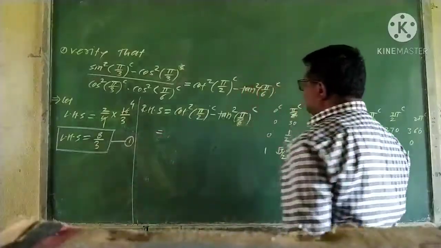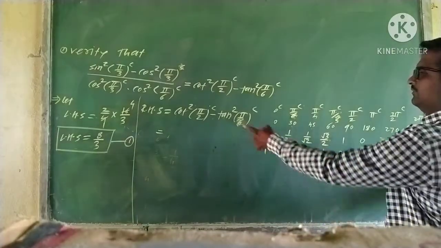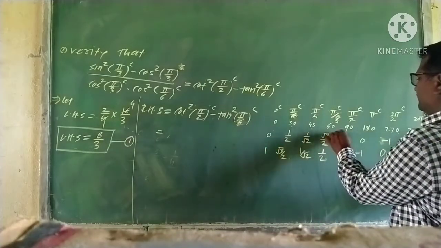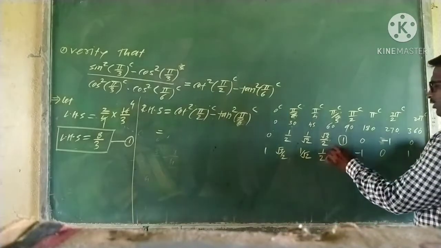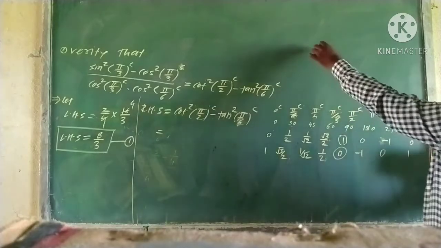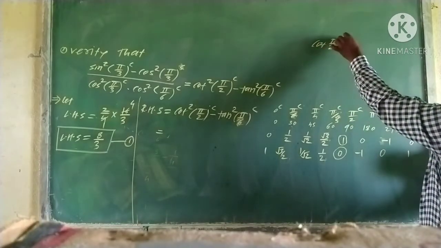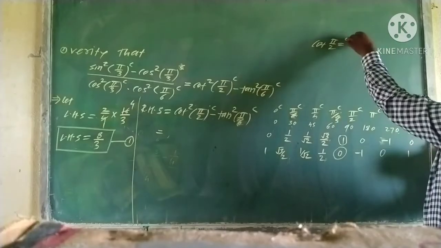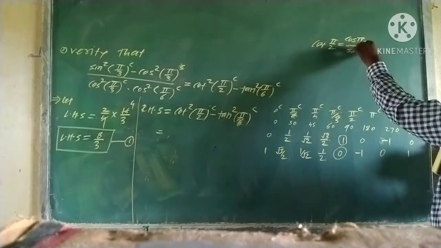Now here let us see. This is the value of sine of pi upon 2. This is the value of cos of pi upon 2. We know that cot of pi upon 2 is equal to cos of pi upon 2 divided by sine of pi upon 2.